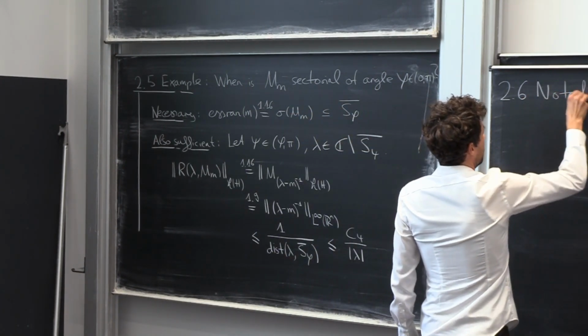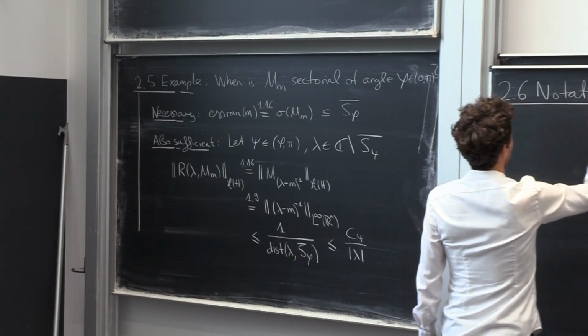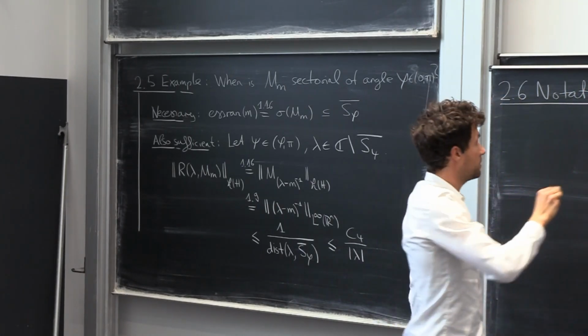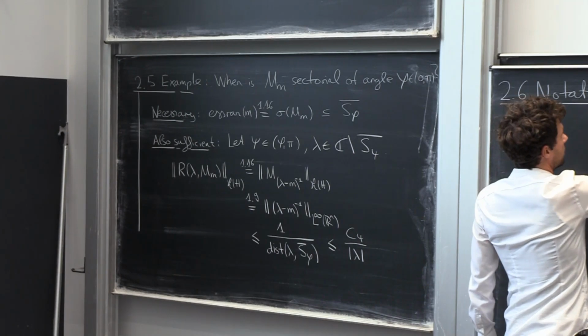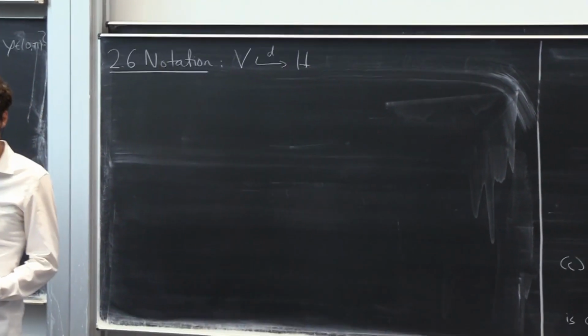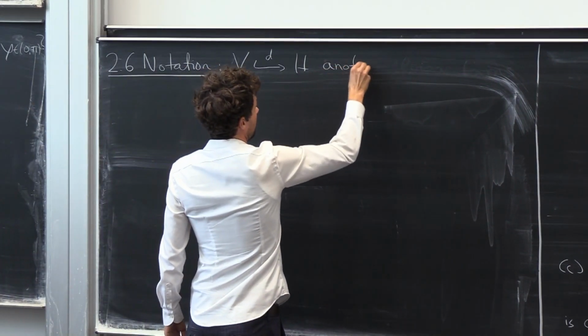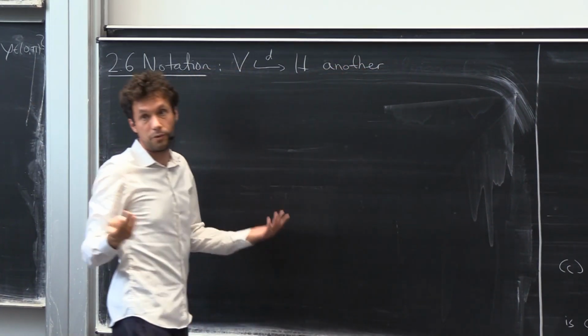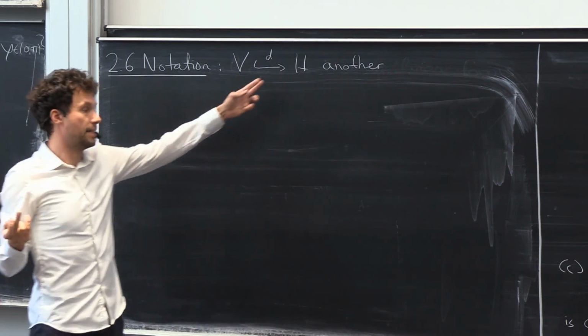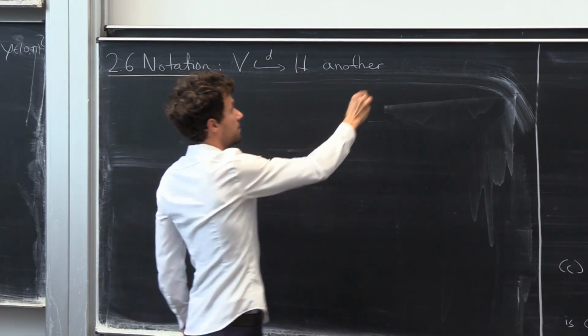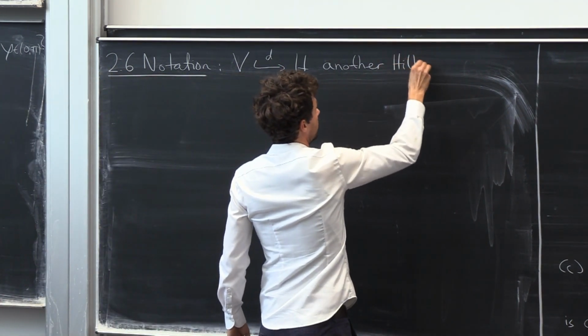And so in all that is going to come, I'm assuming that there is a subset V of H, and this V is equipped with another norm, not necessarily the H norm, and it's a Hilbert space with respect to this V norm.